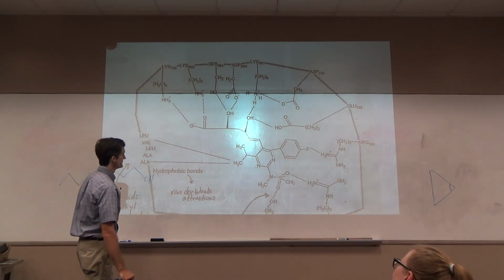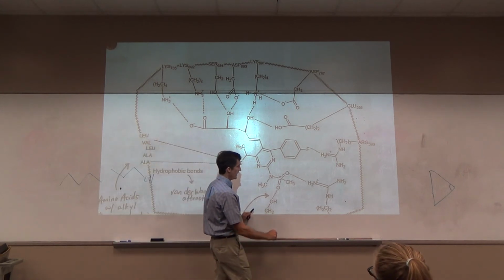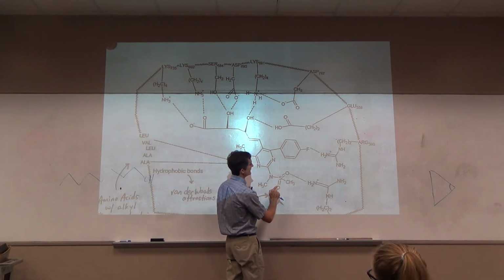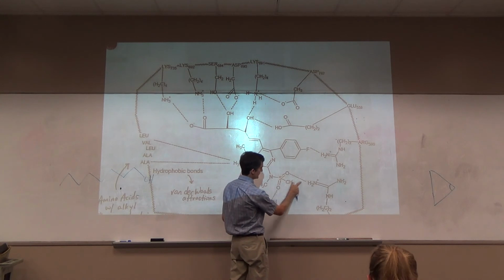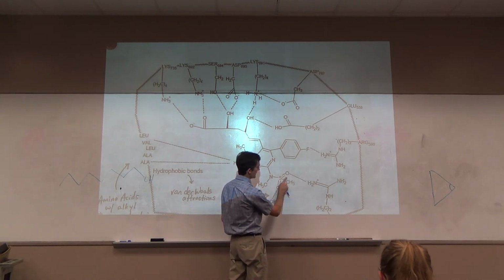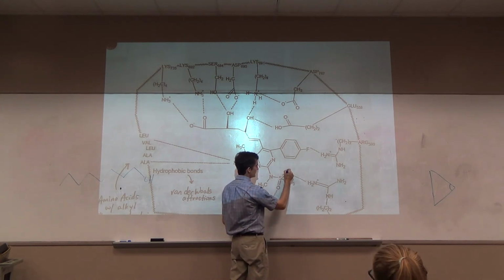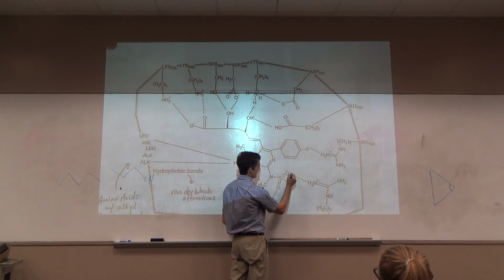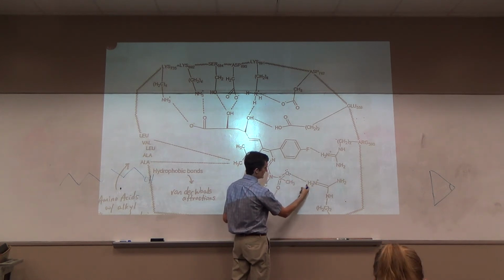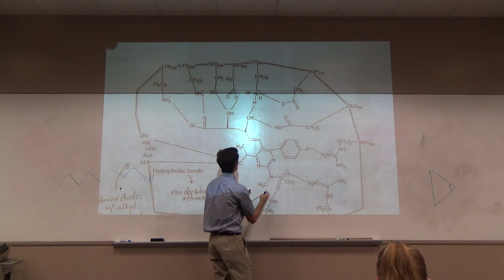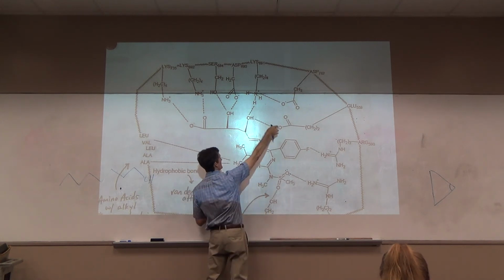Let's look at this. What are they trying to show here? I would probably want to show your lone pairs here. They're showing this condensed. This is a reasonable hydrogen bond. But what about this here? What in the world is this?